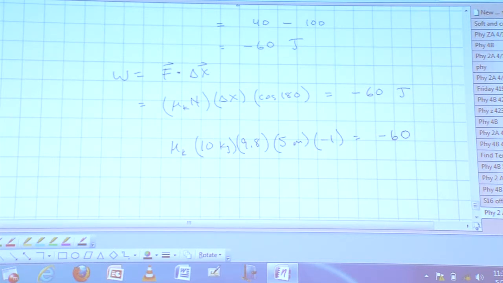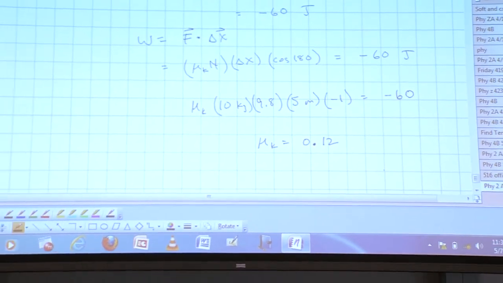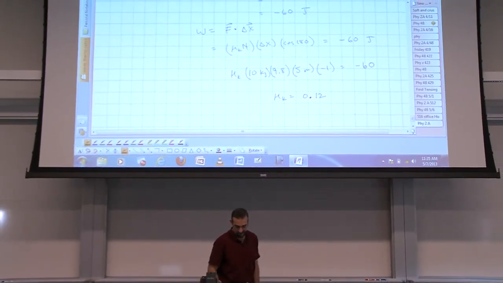The minus signs go away. What do we get? 0.12. What are the units on that? It's unitless. Yes, correct. No units. So we good?